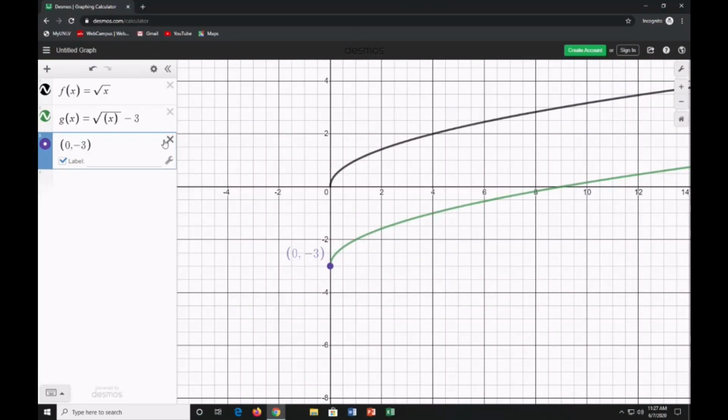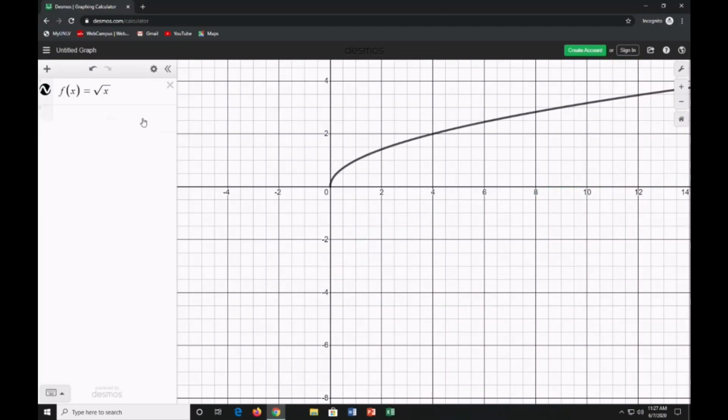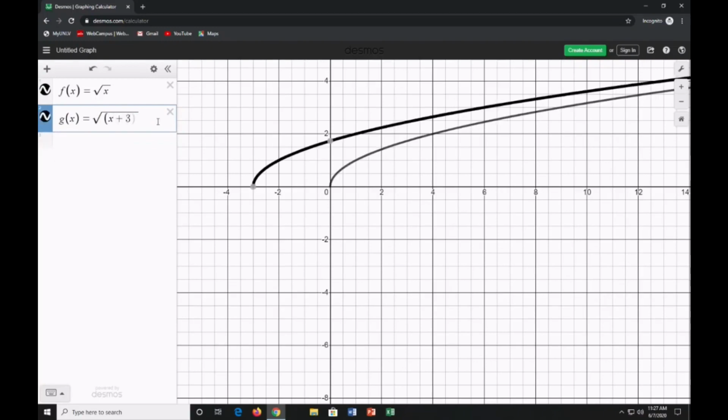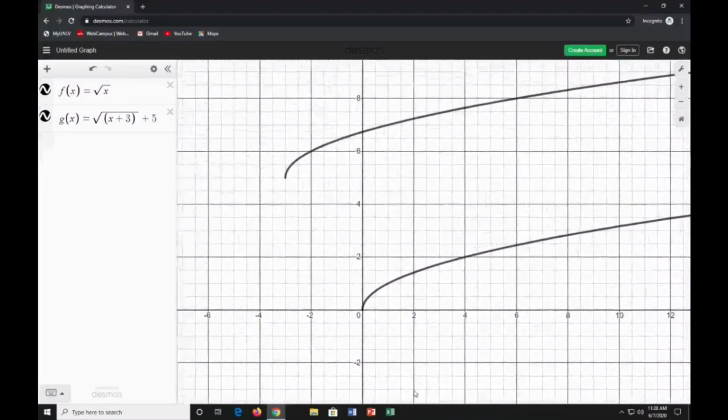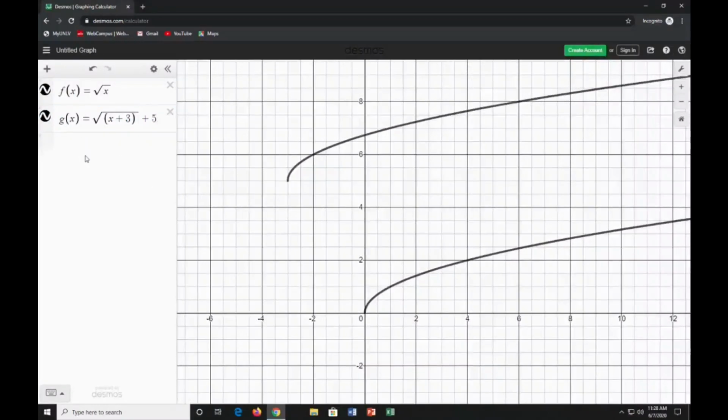Okay, so let's go to plot number 7. Number 7 was square root of x plus 3 and then plus 5. All right? So there it is. They're both the same color.